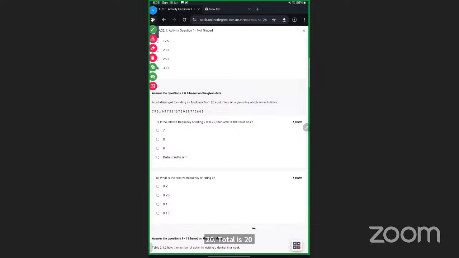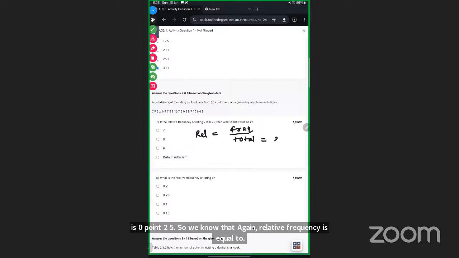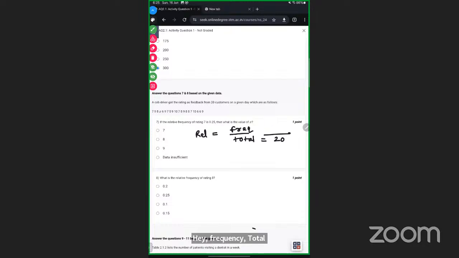They're saying the relative frequency of 7 is 0.25. So we know that again relative frequency is equal to frequency divided by total. Total, we know that it is 20. Frequency we can count, but we know what the relative frequency is. Relative frequency is 0.25, so it's 0.25 equals frequency divided by 20, right?